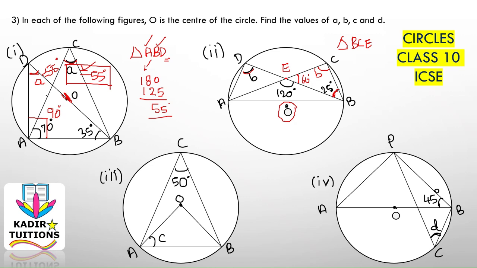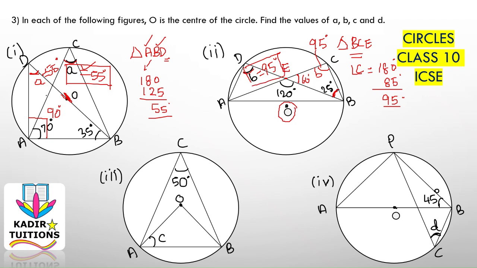So if I use the angle sum property for triangle BCE, I can easily find angle C. If I know angle C, that is equivalent to angle D. So over here it's going to be 180 minus (60 plus 25), which is 85. So if we subtract, we will get 95 as the answer. So at C, the answer is 95 degrees. So B is equal to 95 degrees. At vertex D also, the same angle, 95 degrees.